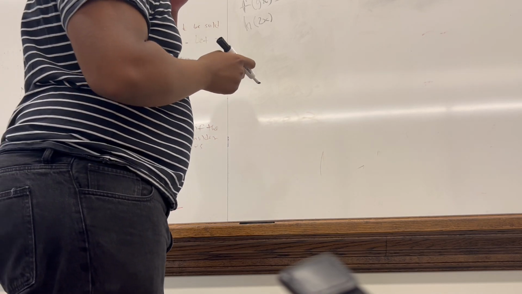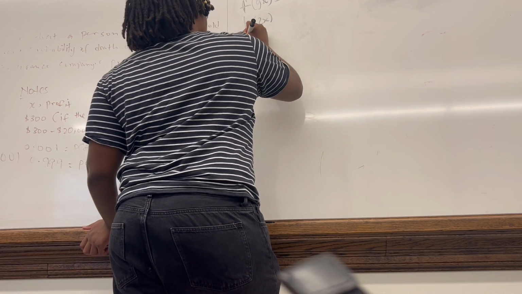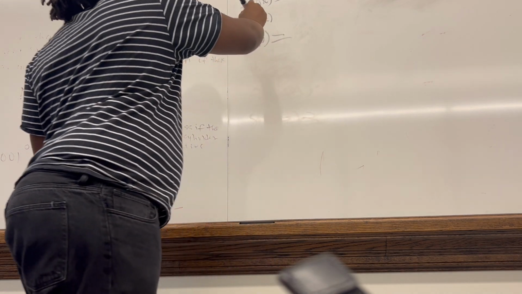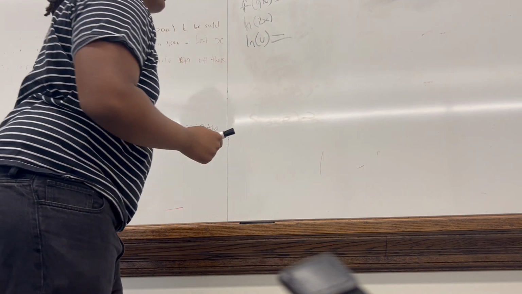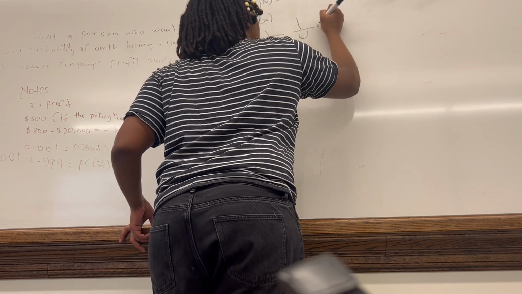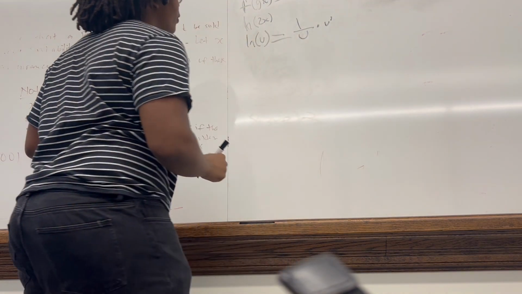Whenever it's logarithmic, it's always log of u, u representing the inside, and then the derivative is 1 over u times u prime.